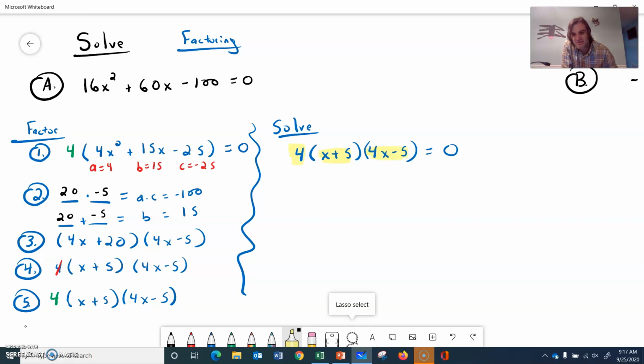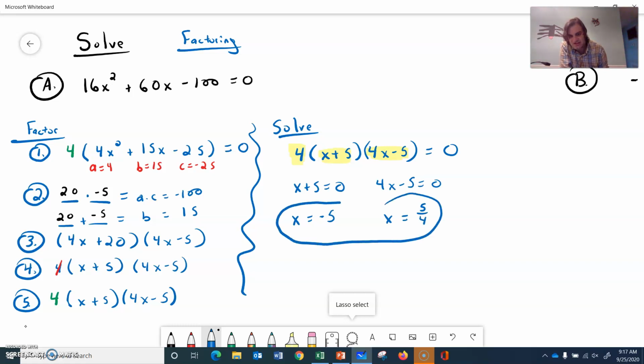And we could set all 3 of those equal to 0, but 4 can never be 0. So we don't really need to investigate that. But we can set up x plus 5 equals 0 and 4x minus 5 equal to 0. If I solve both of those, I get x equals negative 5. And 4x minus 5 I solve, I bring the 5 over, divide by the 4, I get 5 fourths. So I get two answers. X is negative 5 and x is 5 fourths.